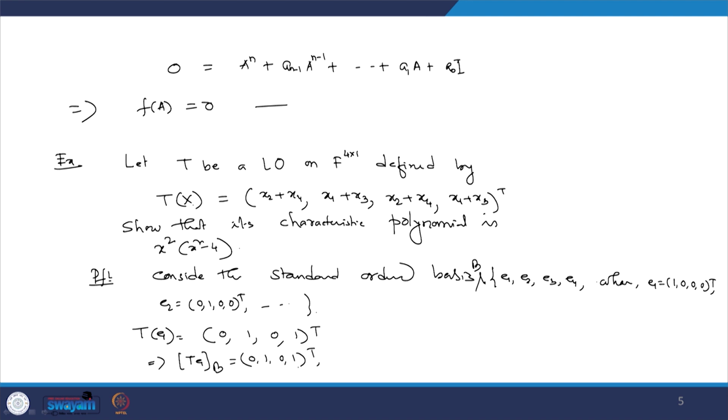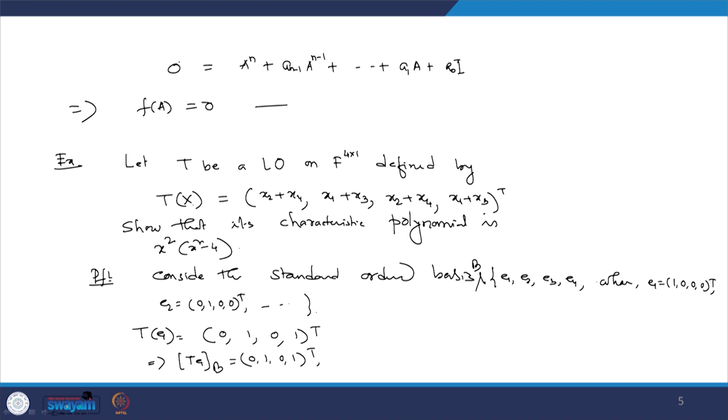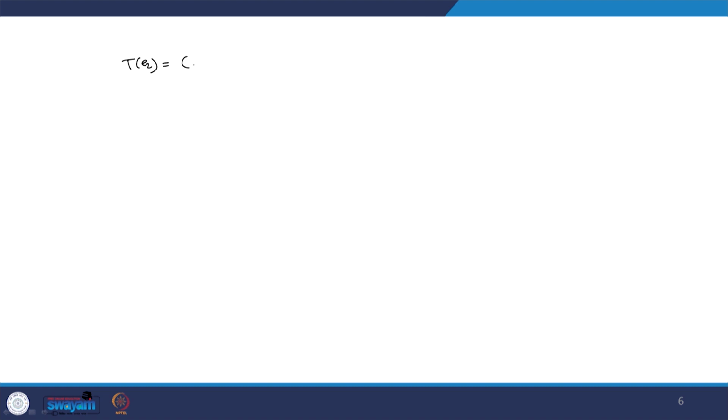Similarly, T E2 will be (1 0 1 0) transpose, and this implies the coordinate matrix of T E2 with respect to B will be (1 0 1 0).